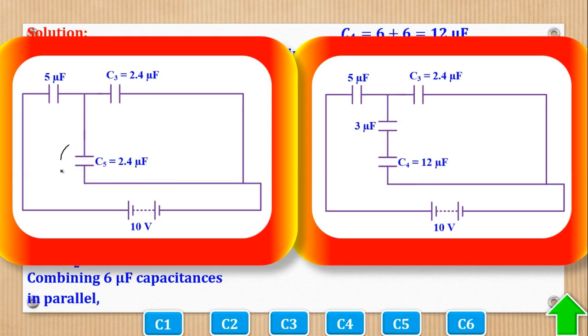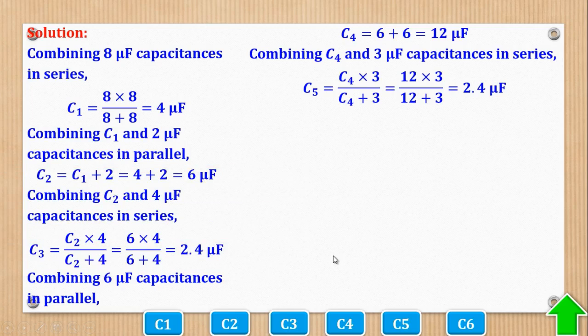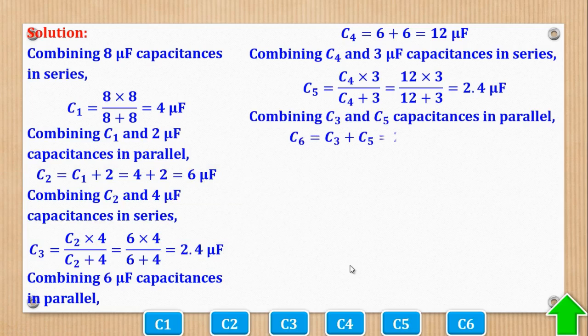So now what we have this and this which are in parallel, because at this point the charge divides. So when they combine those in parallel, we shall just add to give you 4.8 microfarad.